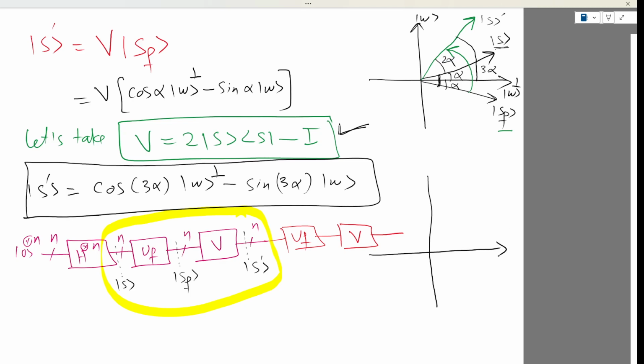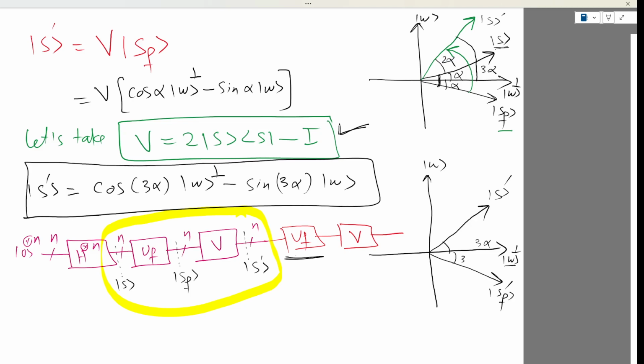Suppose we have this plane again. Now our state over here is S prime, and it's making angle 3 alpha. When we apply this UF again, our state will be reflected around this omega perpendicular axis, and we'll go to this SF prime.